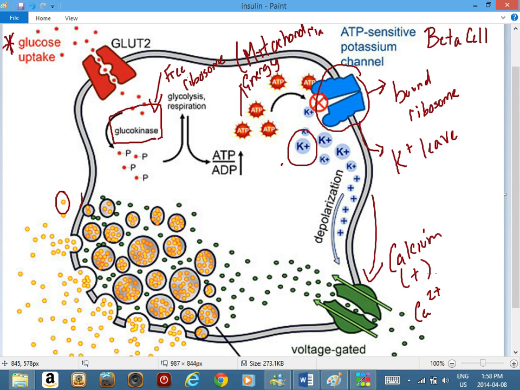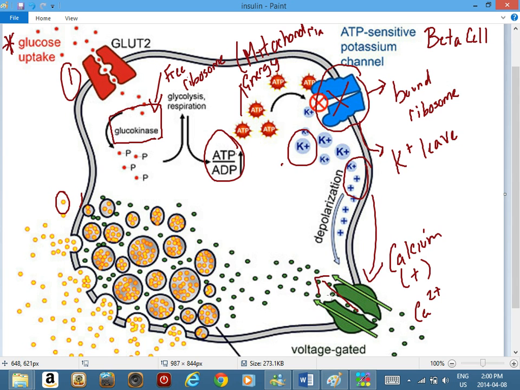So let's recap here. This doorway, this one over here, allowed glucose to come in, number one. The glucose then gets converted to energy. The energy is used to close this doorway, which changes the voltage, which then opens this doorway.